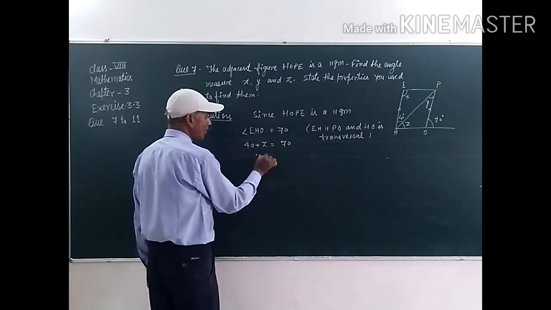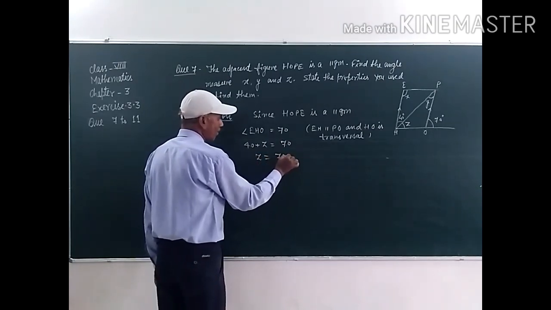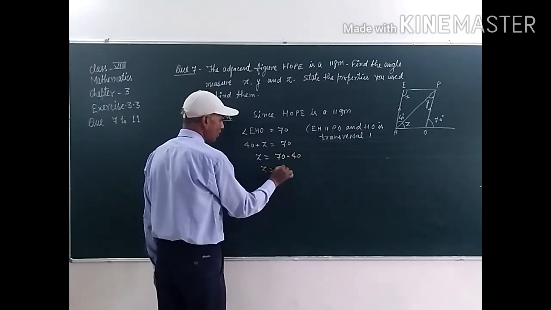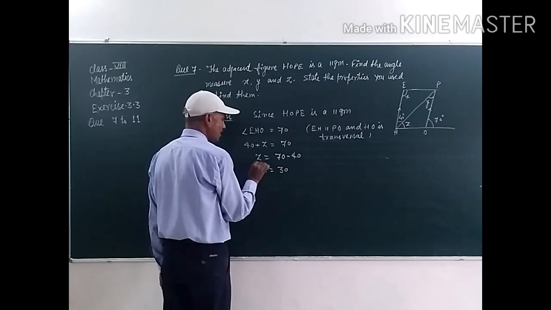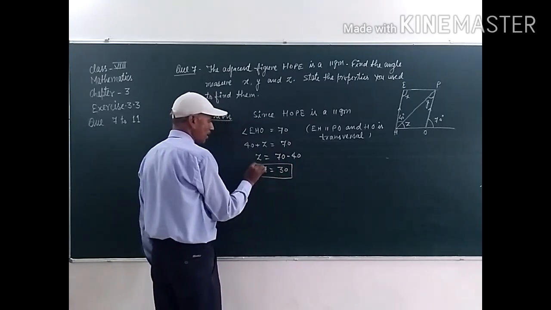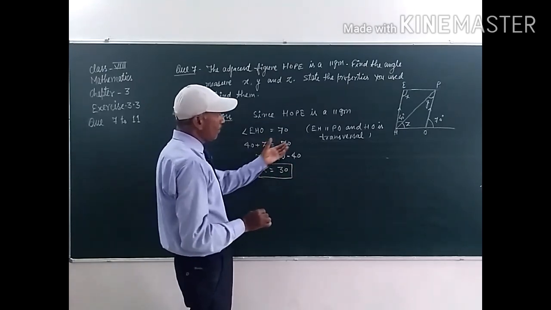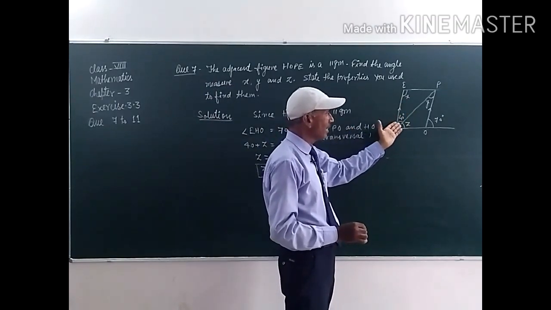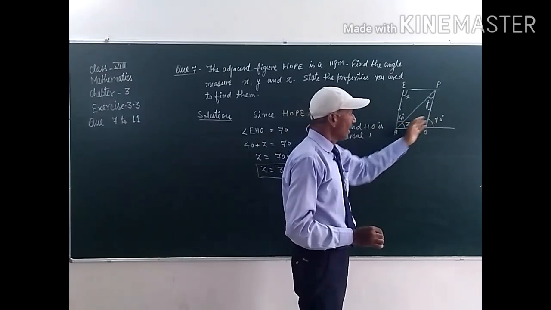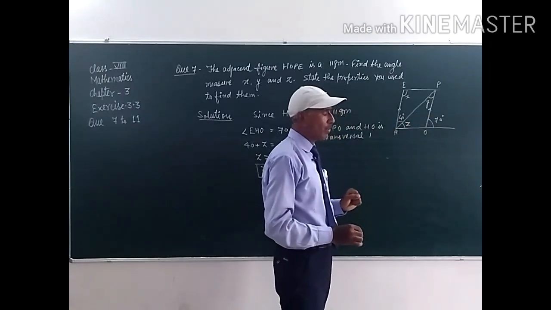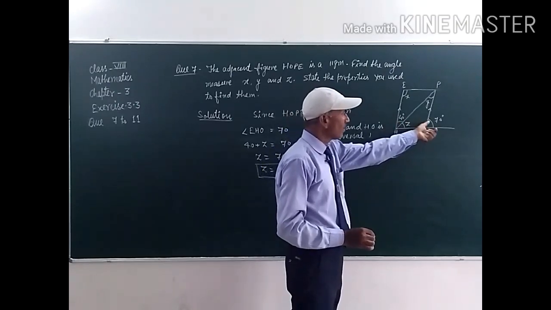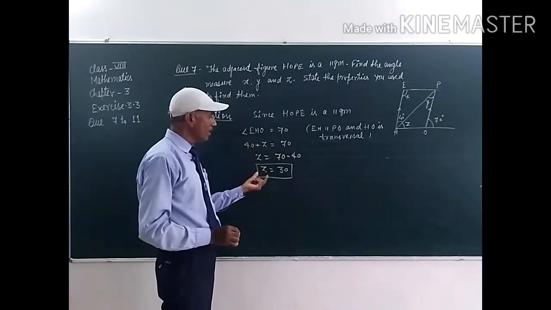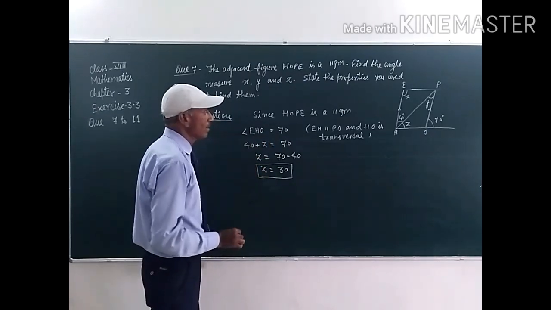Now Z is equal to 70 minus 40. So Z is equal to 30 degree. This is the value of Z, student. We have used here, if a transversal intersects two parallel lines, then the corresponding angles will be equal. So this angle is equal to this angle, therefore using this we find the value of Z.